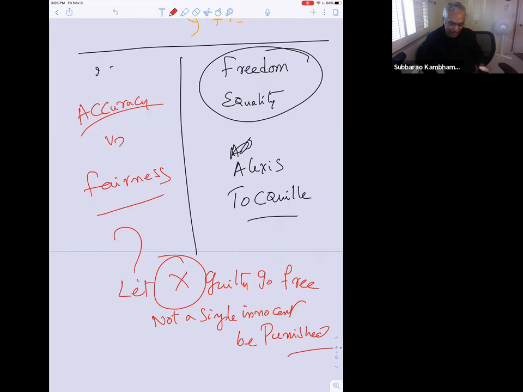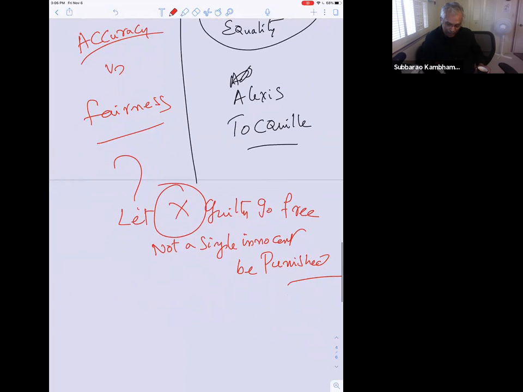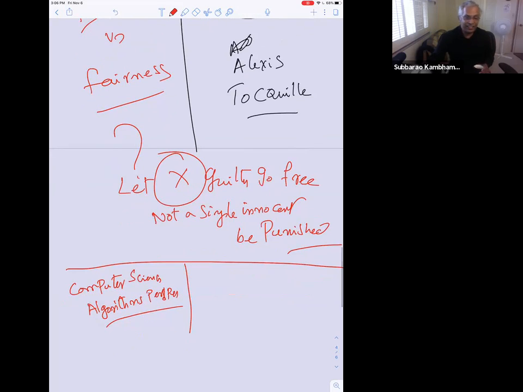And one of the interesting things is people have shown, this is more from a computer science algorithms perspective, that under certain conditions, you can't optimize both at the same time. There is no such thing as optimizing accuracy as well as fairness.